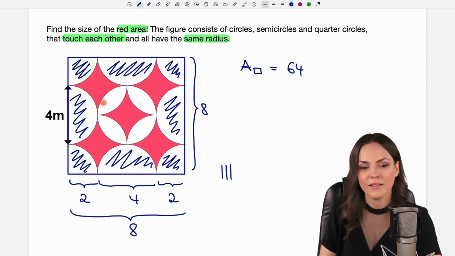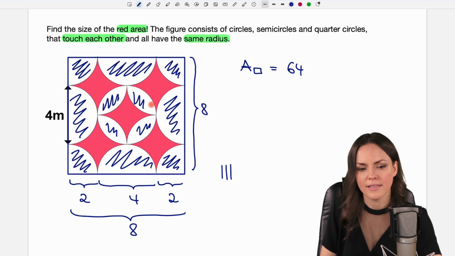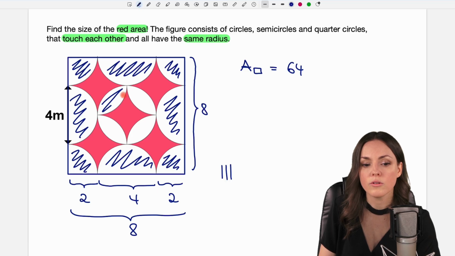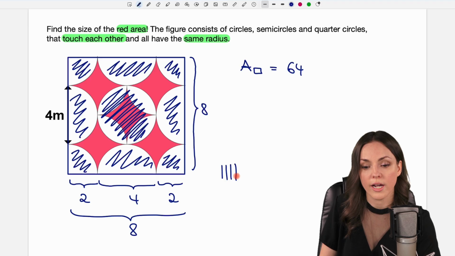And then I would like to subtract these white areas as well, but it's not so easy to calculate these areas. But what I can do is just subtract a full circle in the middle as well, so that I subtract 4 full circles, and as a result I will get the area of these 4 red stars.